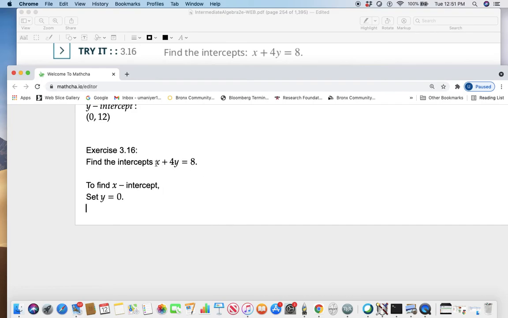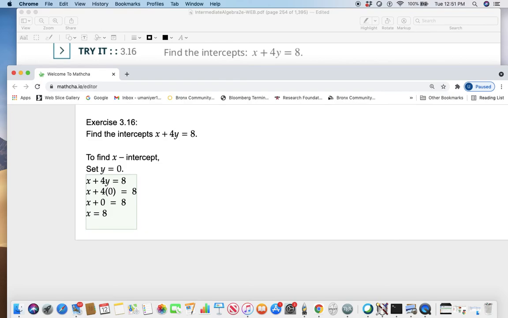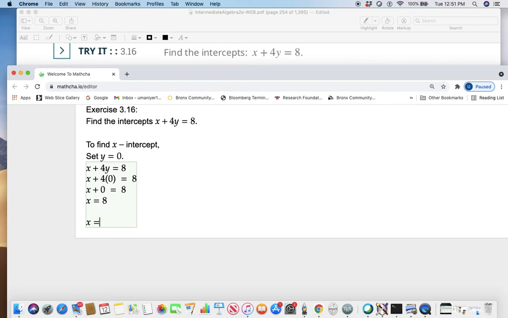So take your original equation and set y to 0. 4 times 0 is 0, x plus 0 is 8, x equals 8. So you found your x-intercept. X is 8 and y is 0.